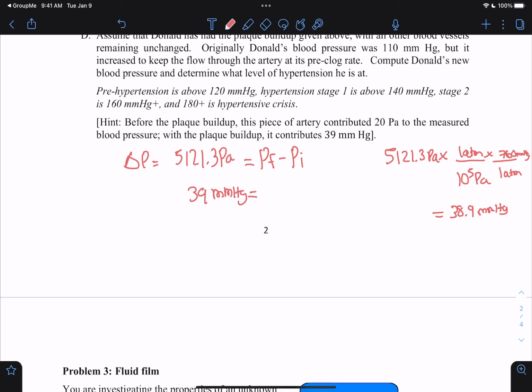So 39 millimeters of mercury, PF minus PI, that was 110 millimeters of mercury. And if we add that, we should get a final pressure of 149 millimeters of mercury.